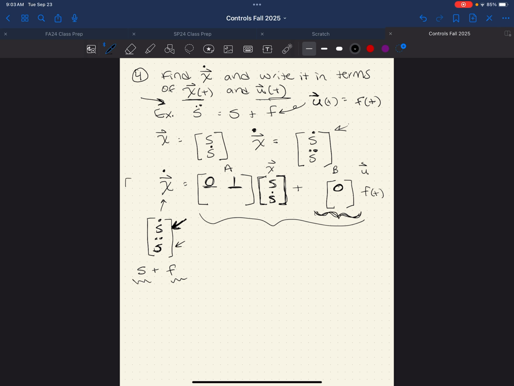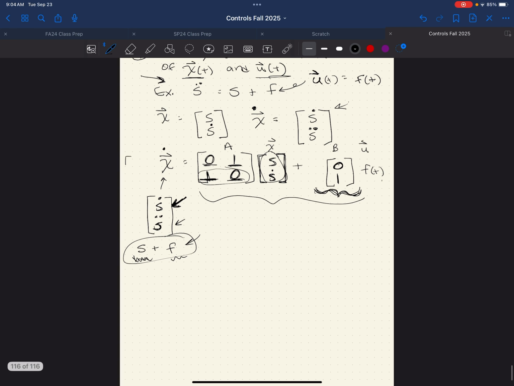Then let's look over here. Do we need any s's when we multiply this second row of A times this vector x? Yes, there is one s. Are there any s dots in this? No, so we'll multiply s dot times 0. Now we can look at f over here. Are there any f's down here? Yep, there's one f, so we'll multiply that by 1.